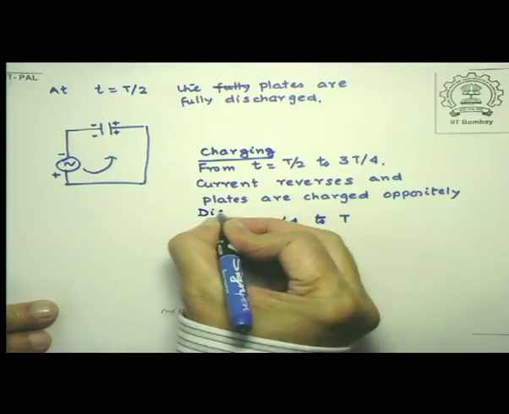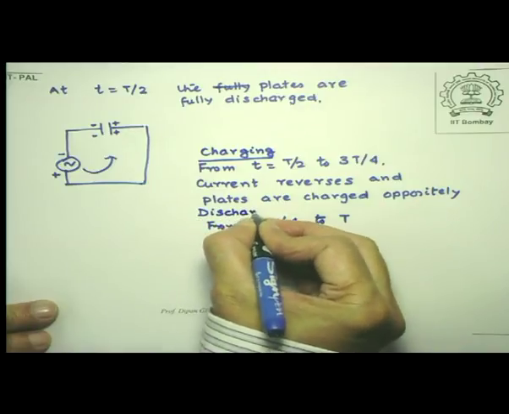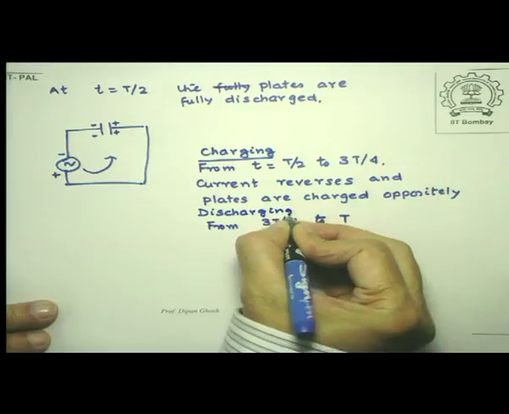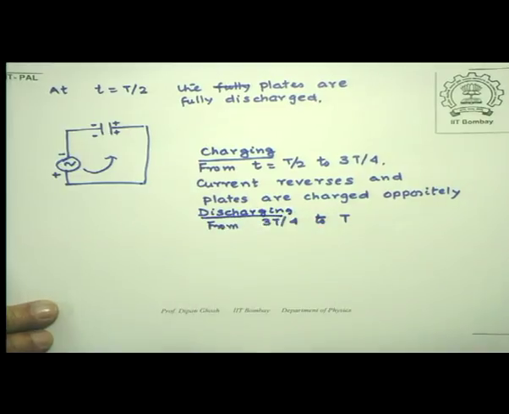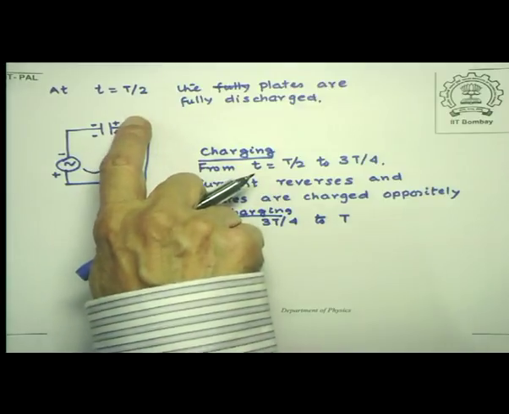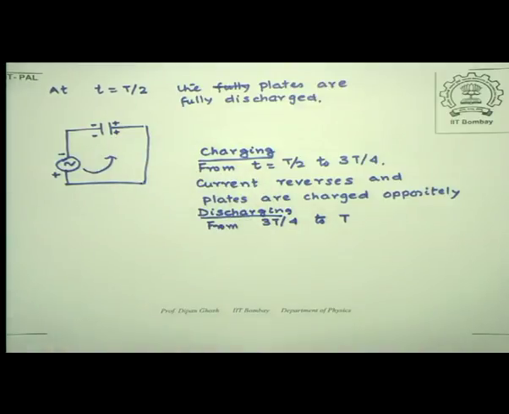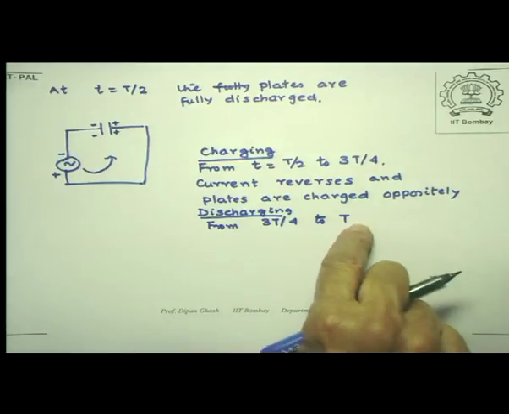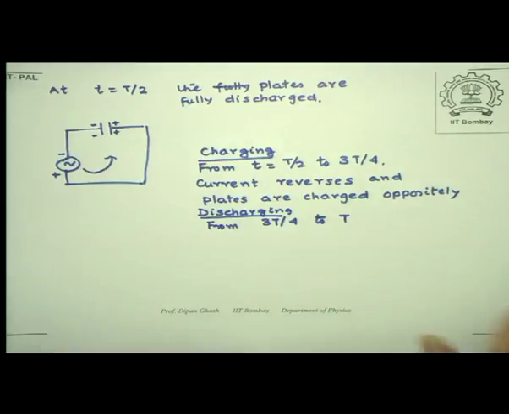Discharging takes place now, making the left plate less positive and the right plate less negative, till at time T we return back to uncharged plates.